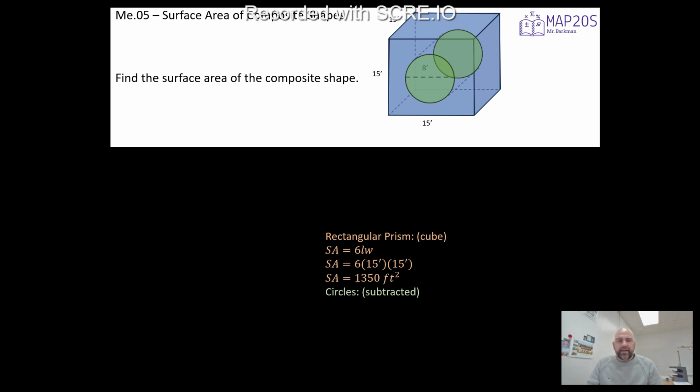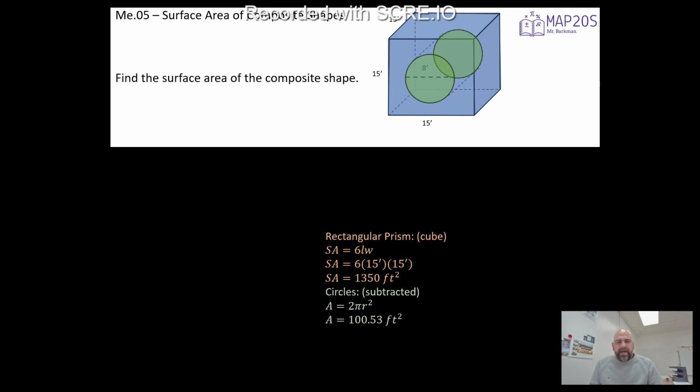We have to find the area of them and then subtract them from our cube, because that area of the side has been cut out. It's no longer surface area. So the area is 2 times pi times radius squared, because there are 2 circles that need to be subtracted out. We get an area of 100.53 square feet. And so we're going to end up subtracting that from our answer in general.